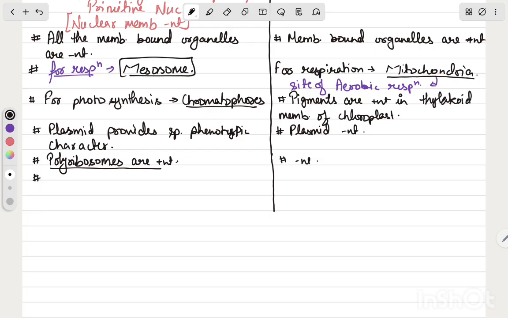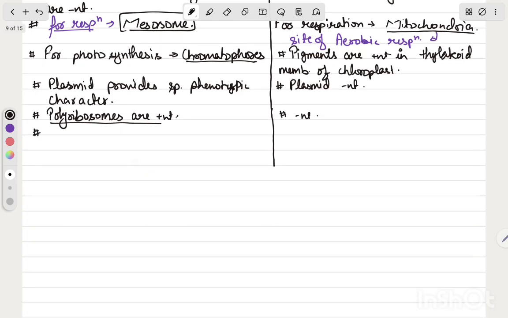Next difference between prokaryotic cell and eukaryotic cell. In prokaryotic cell, cell division is through amitosis. Amitosis is the mode of cell division. There are three types of cell division: amitosis, mitosis and meiosis.